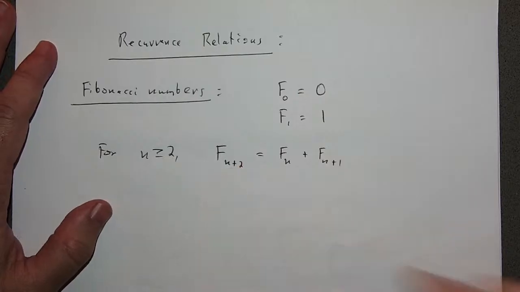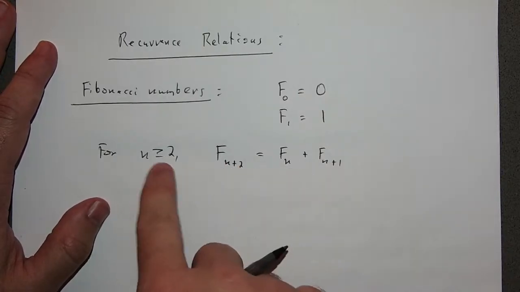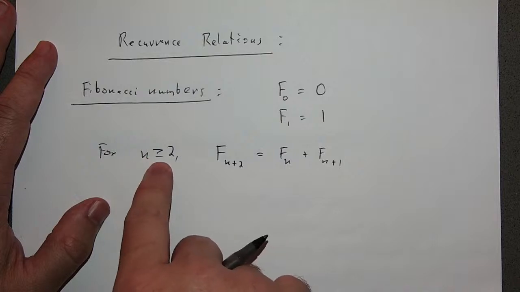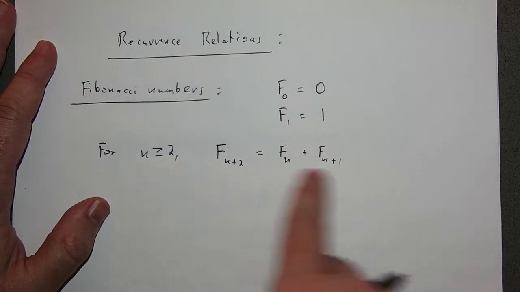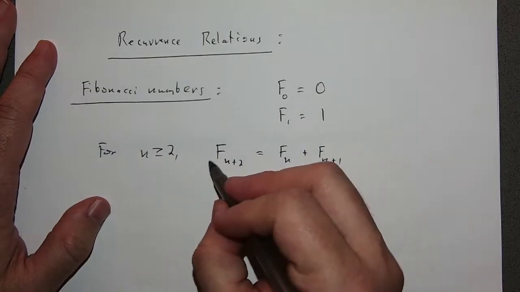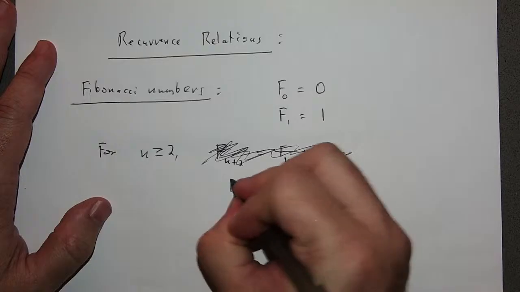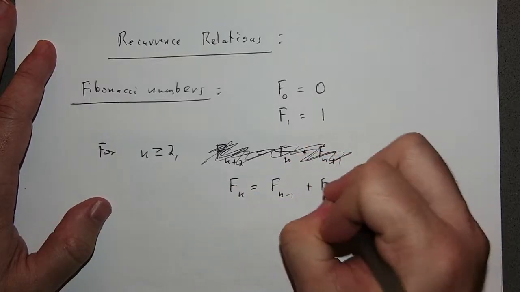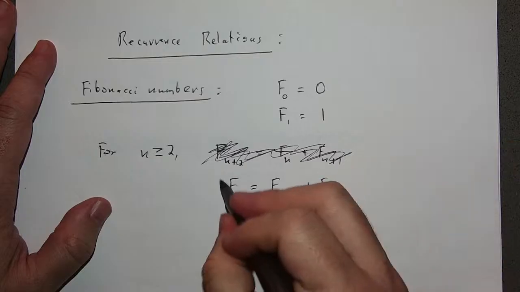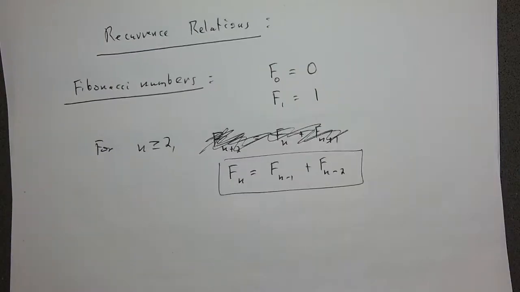Another way to do this, since this might seem a little strange, is for n greater than or equal to 0. Maybe I should rephrase this to match what I wrote here: have f sub n be f sub n minus 1 plus f sub n minus 2. There we go. So f sub n is the sum of the previous two in the sequence before it.